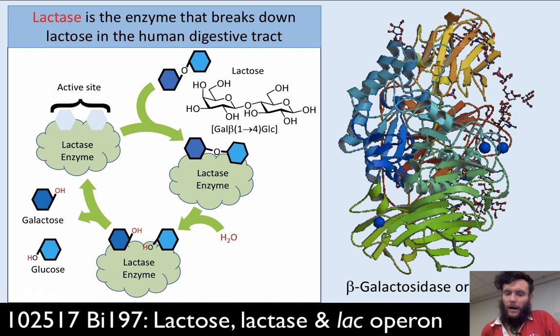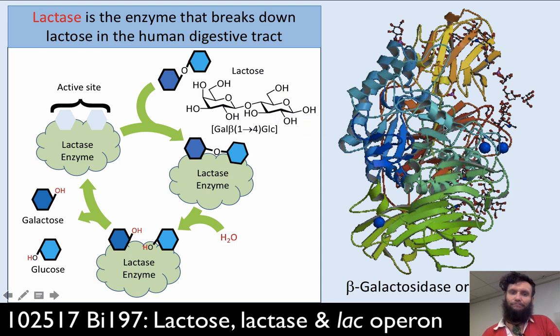A beta-galactoside is another name for the type of linkage. So beta-galacto refers to galactose, a beta-galactoside glycosidic linkage, all right? So beta-galactosidase is an enzyme that's going to cleave a gal beta 1,4 linkage. But they also call it lactase because that linkage is found in lactose.